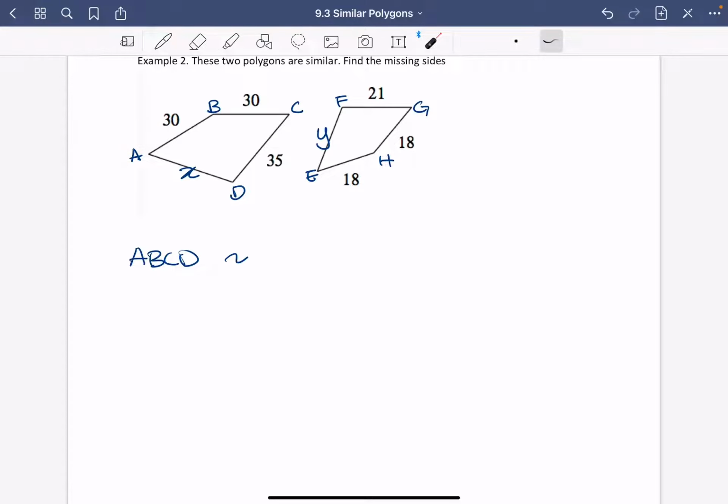Will be this one here, G. Yes, will be G. And then B, the corresponding angle will be H. And then C is this one here, will be E. And D then, of course, is going to be F.